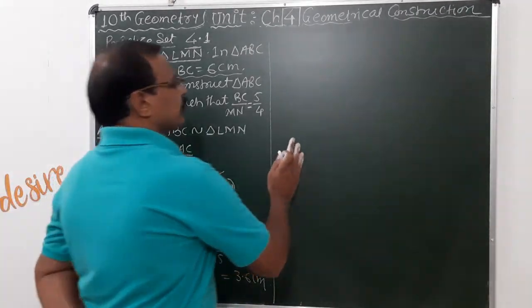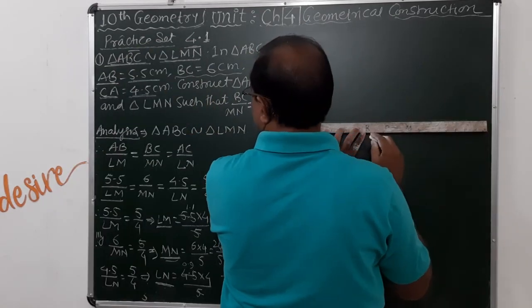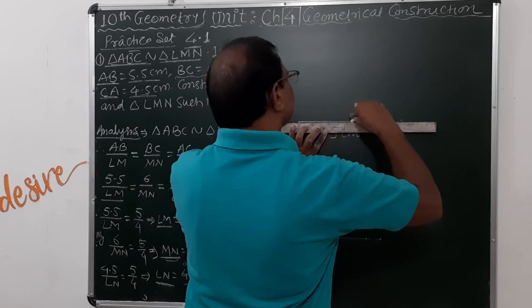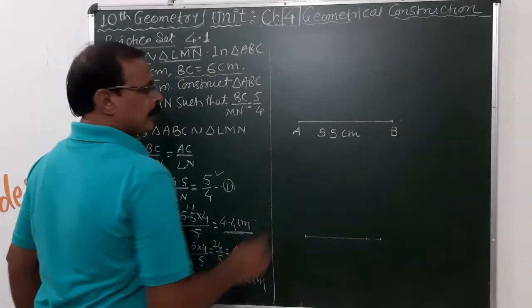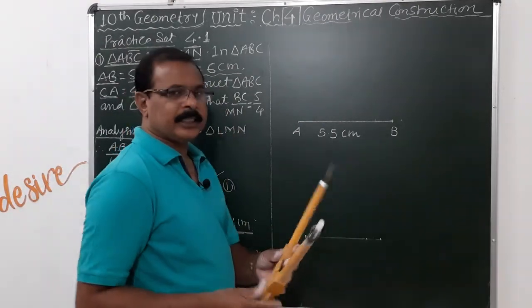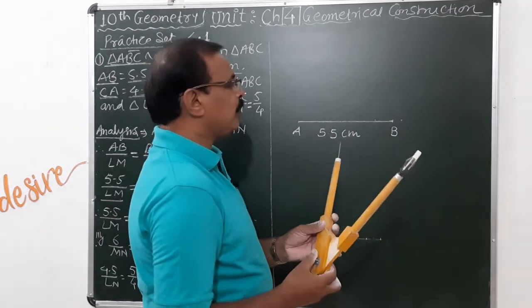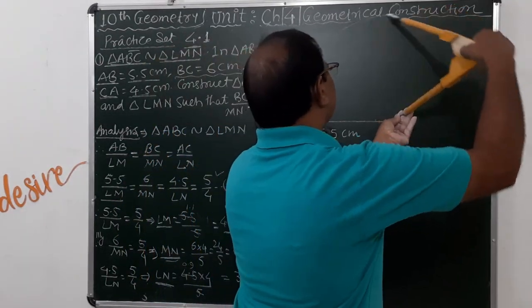Now first of all, AB is nothing but 5.5 centimeter. Then we have to find the value of BC, that is equal to 6 centimeter. So take a 6 centimeter distance in your compass, take B as a center and draw an arc here.